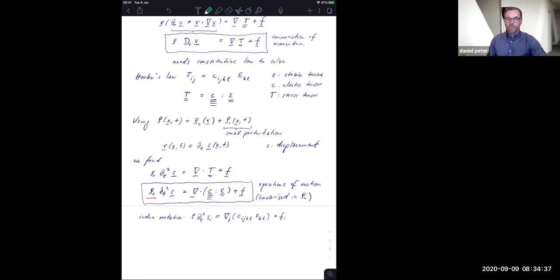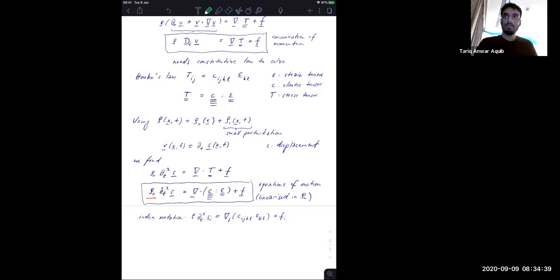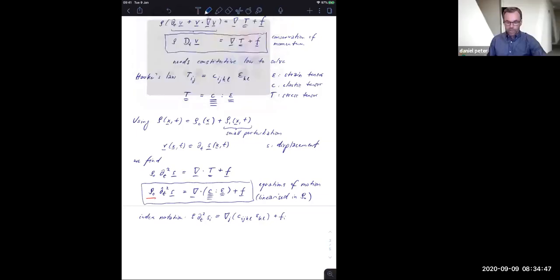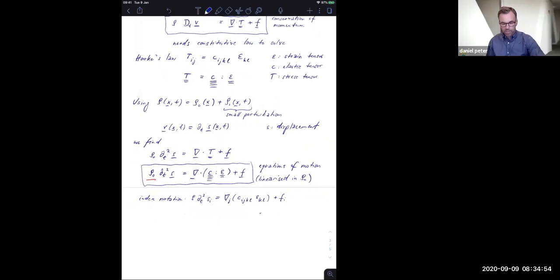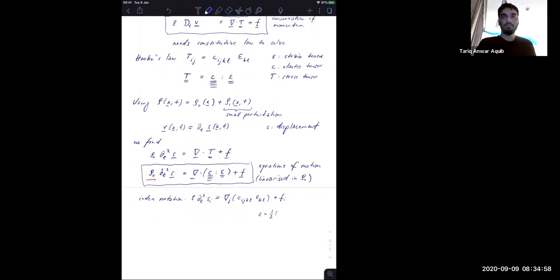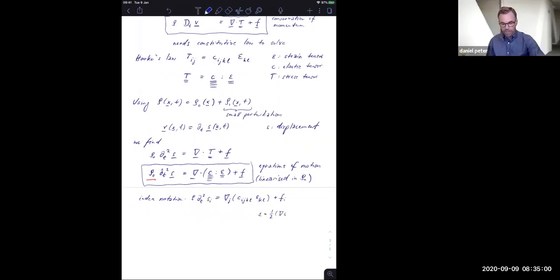The only thing I didn't write down yet is strain, how we define the strain tensor. But if you want, we can define strain in a symmetric way, and in seismology often strain is defined as 1/2 grad S plus grad S transpose.